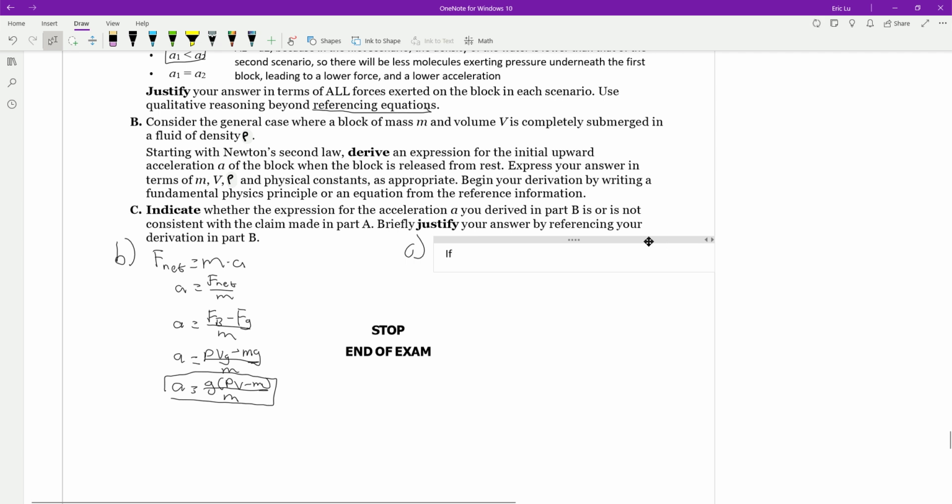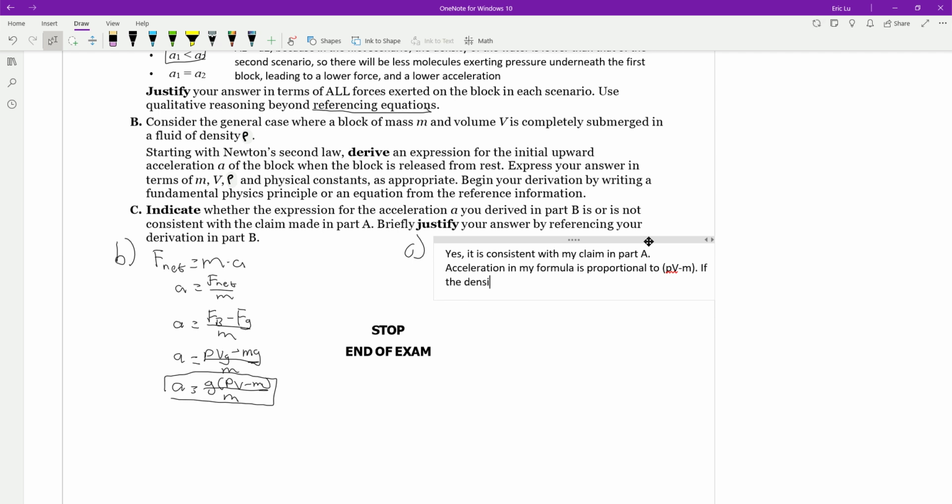If the density increased, okay, first of all, you would say, yes, it is consistent with my claim in part A. Acceleration in my formula is proportional to ρV minus m.